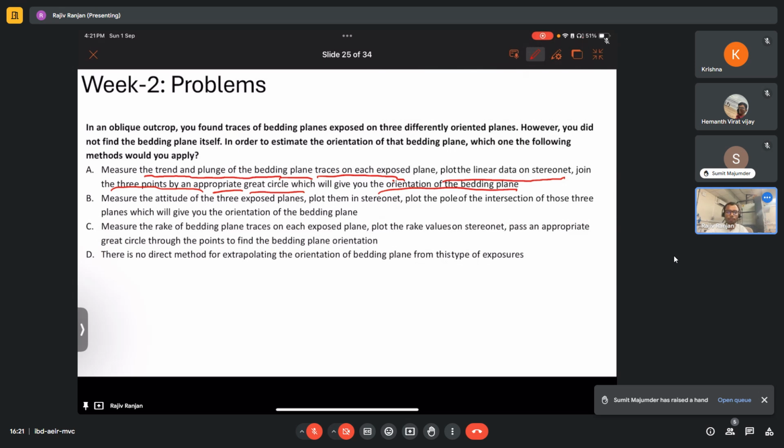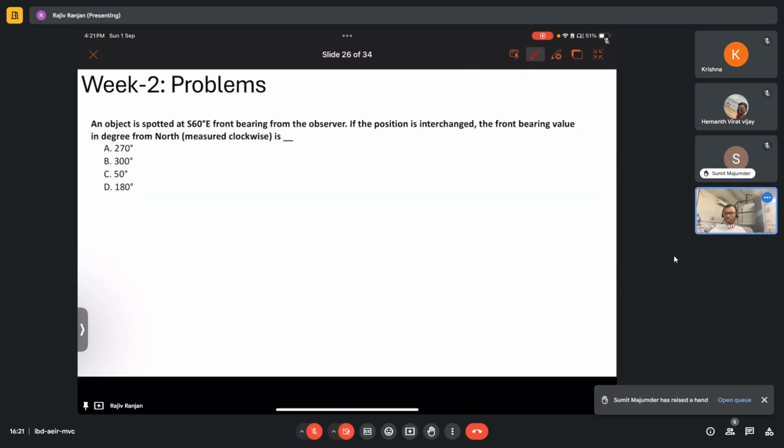If you go to the field and you're not able to see the beds very clearly, but you're able to see the same traces in differently oriented planes, you simply take the measurement of trend and plunge of those linear features, plot this trend and plunge on the stereonet, and then orient it in such a way that it lies on a great circle, and then you can simply get the plane orientation.